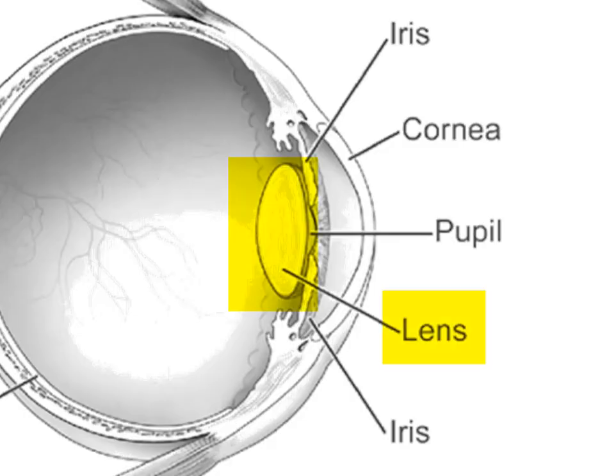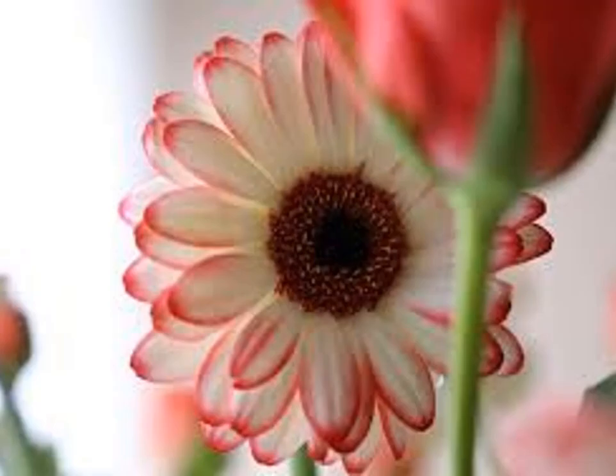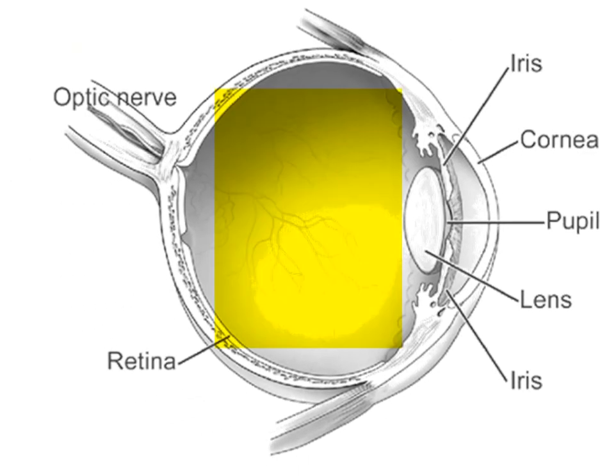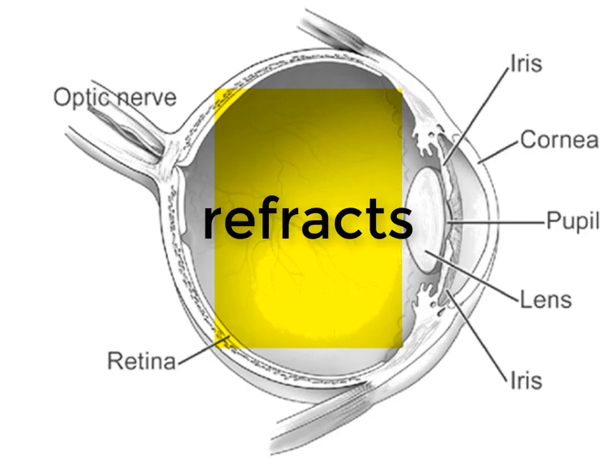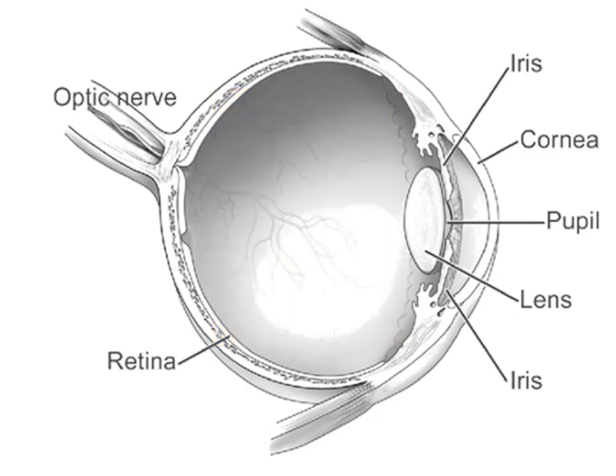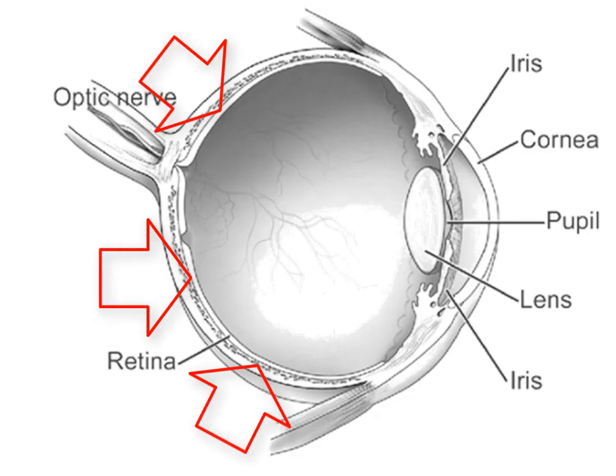So the job of the lens is to bend the light the right amount that we can see clearly. This fluid behind the lens also bends the light. It also refracts the light. All of this refraction causes the light to be bent, hopefully just right, so that it lands on this back layer here in such a way that we can see a clear image.